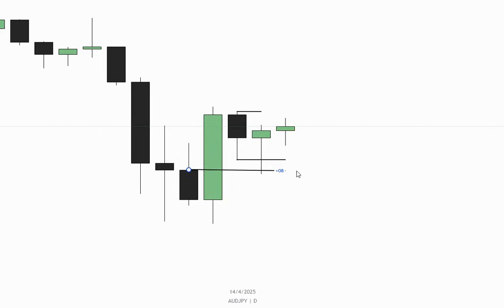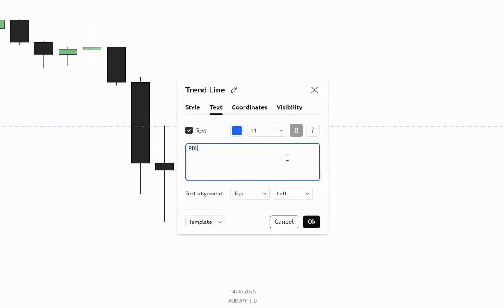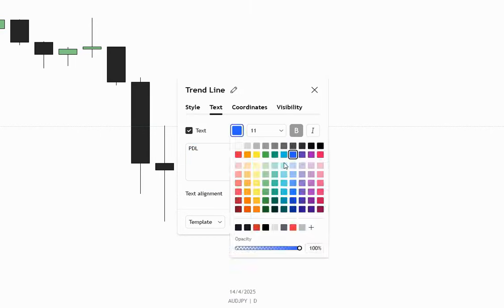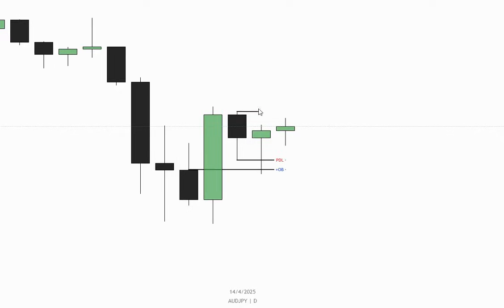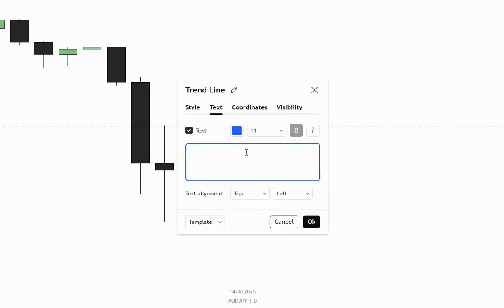Yep. So we now have our, let me align this well. So we have our previous day low, right? Then we have our previous day high.